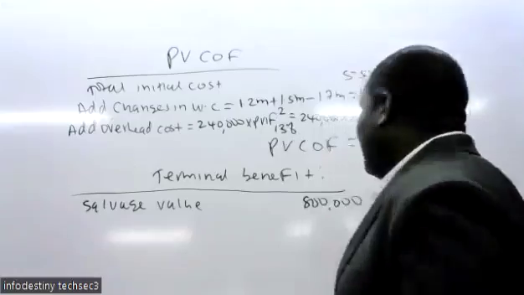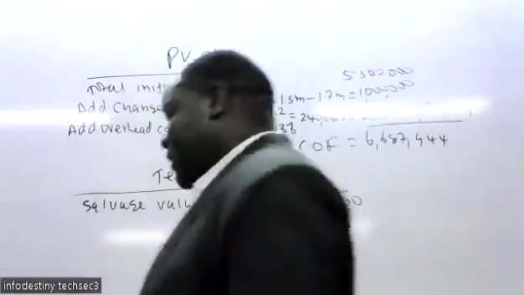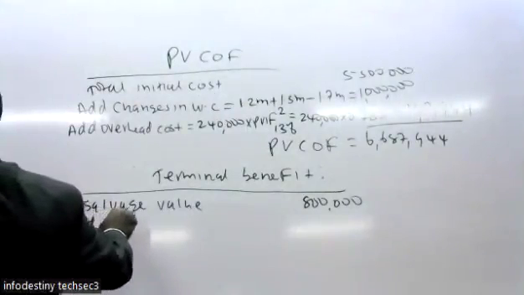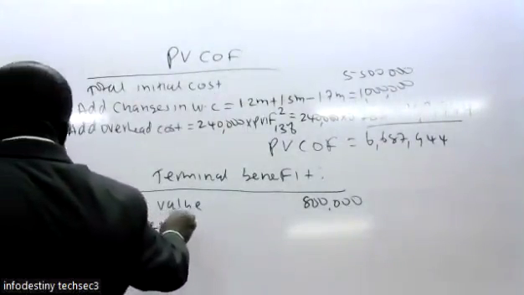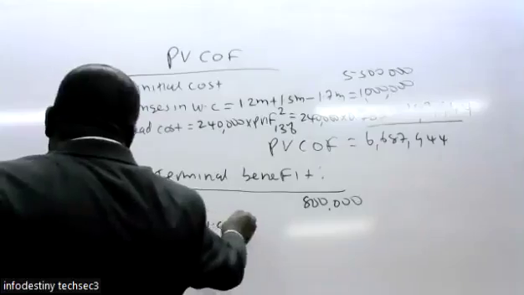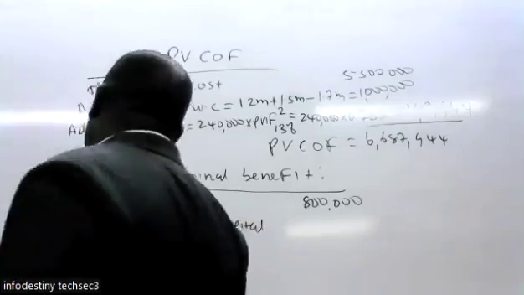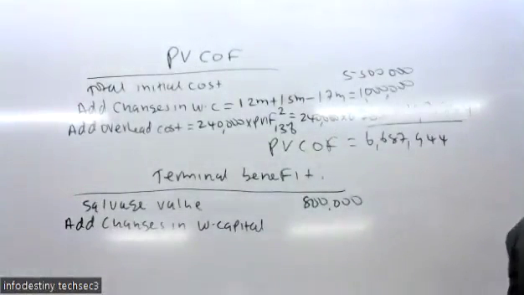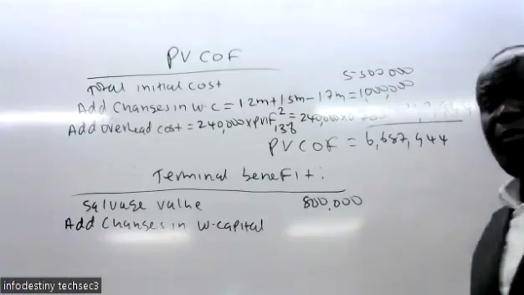Then you also add changes in the working capital. Working capital is treated twice. At the start of the project, it is added on the initial cost when you want to get the present value for the cash outflow.